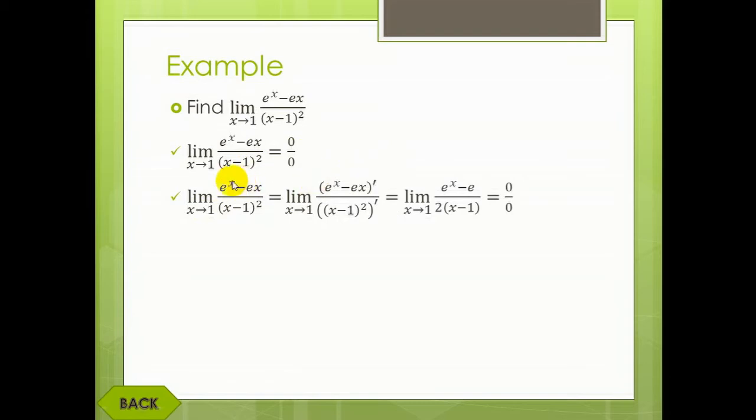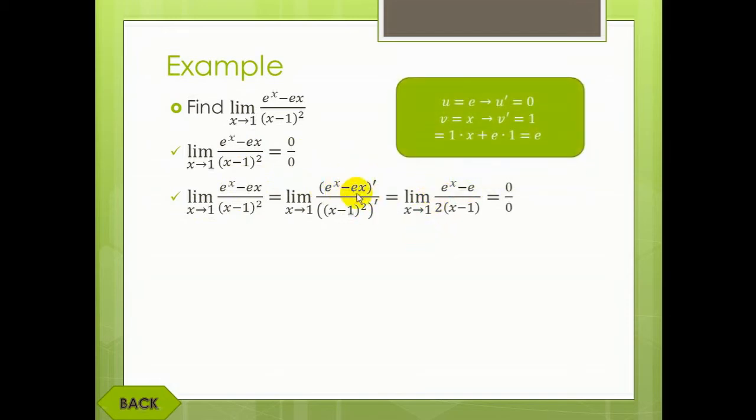We need to differentiate both sides. The derivative of e to the power x is e to the power x, and the derivative of ex is still e. That gives the numerator, and the derivative of the denominator is 2x minus 1.